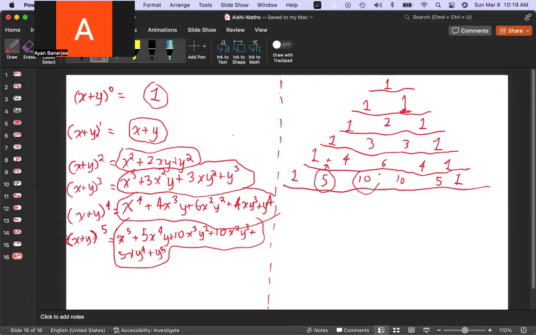And 10 is equal to 4 plus 6. Again, same thing, 10 is equal to 6 plus 4. And 5 is equal to 4 plus 1. So if you keep going up, you'll notice that every single number is equal to the sum of the two numbers above it.